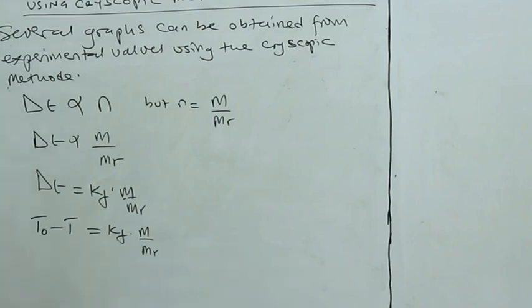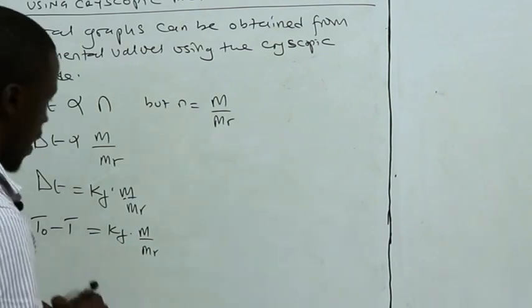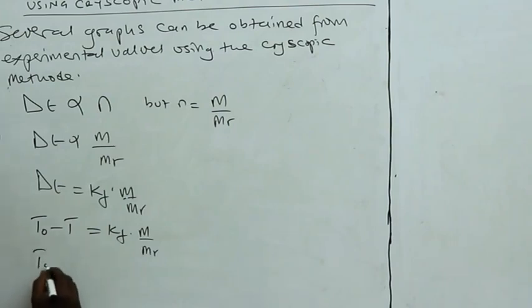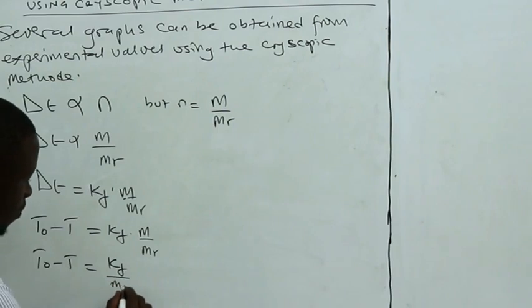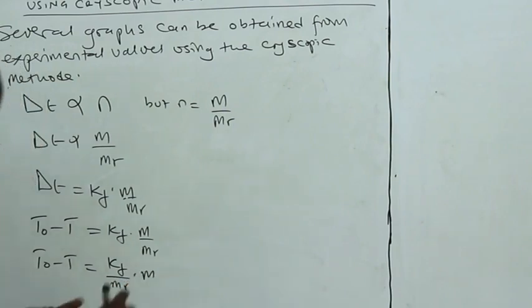We can put whatever is a constant here. Of course, the molecular mass of the solute is constant. Kf is a constant. And then we would have something like T0 minus T is equal to Kf over molecular mass times m. These ones are constant, m is a variable. m is the mass of the solute being added.